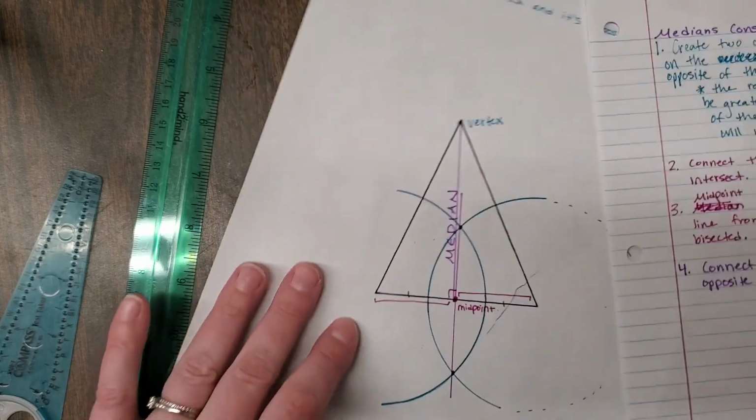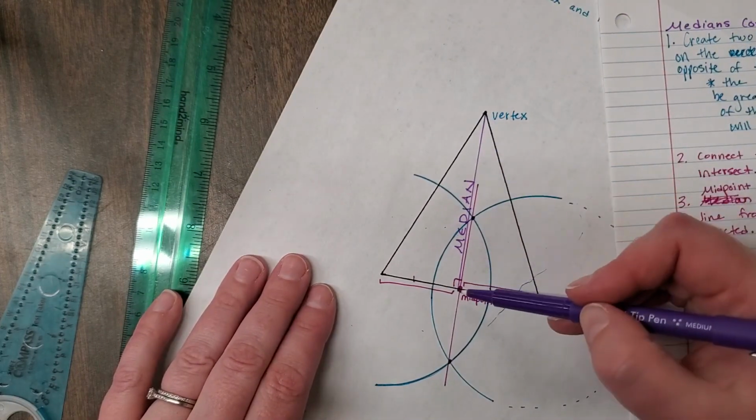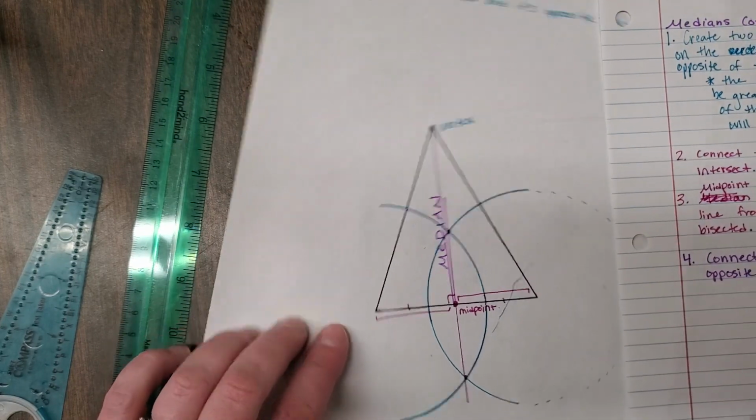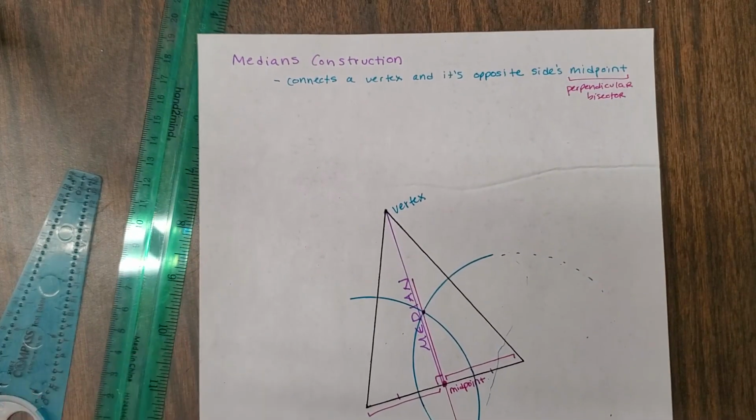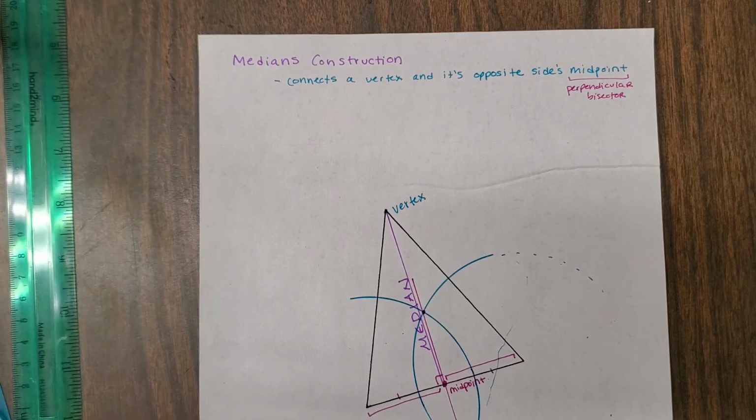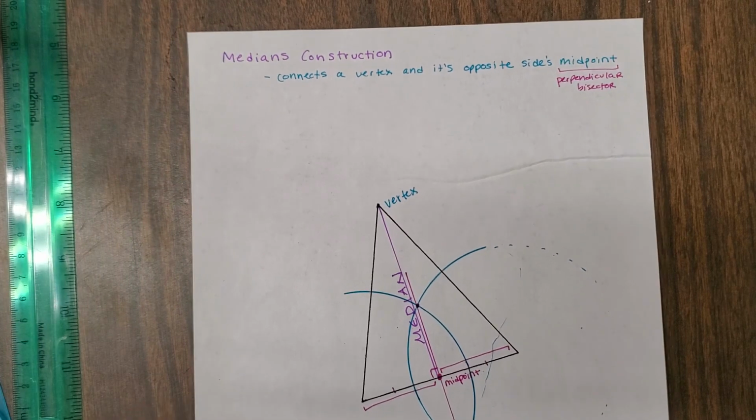And so that's where we got this line here, the median, connecting this midpoint to this vertex. All right, so that is our median construction. And again, it comes from connecting a vertex and its opposite side's midpoint, and we got the midpoint by creating a perpendicular bisector.